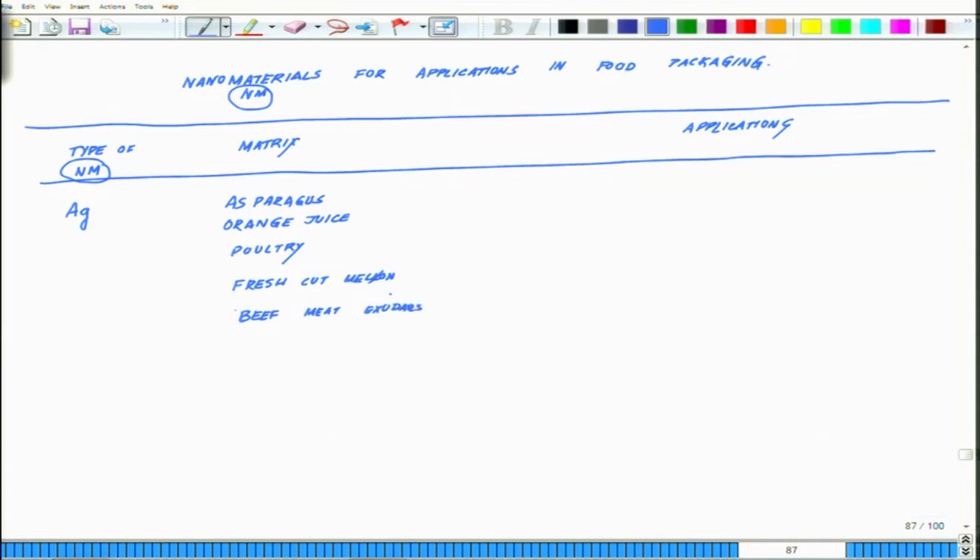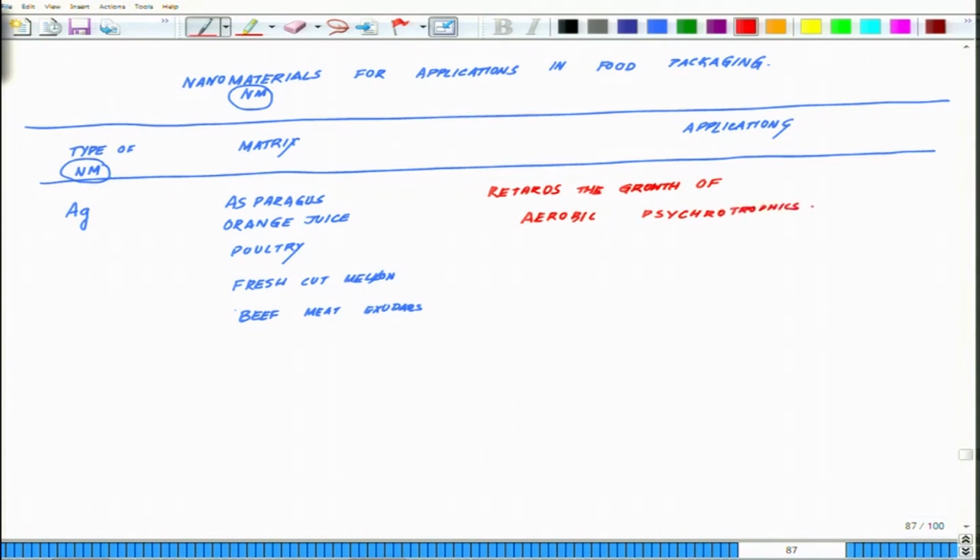Okay, now the applications are, now this is critical: retards the growth of aerobic psychotrophics, okay.